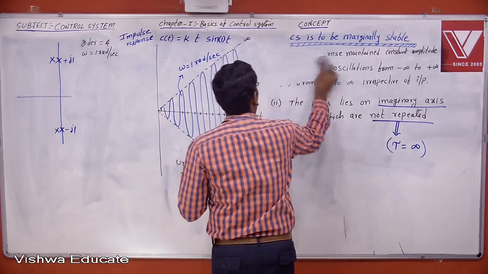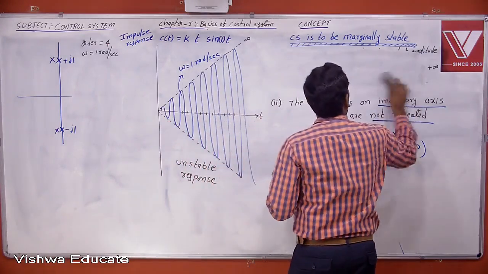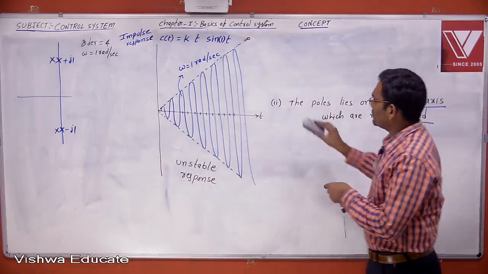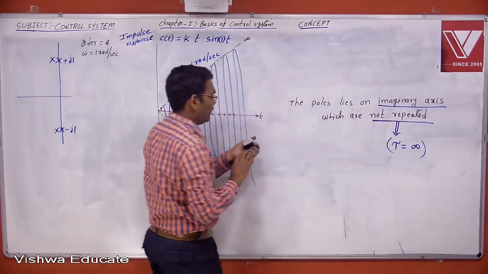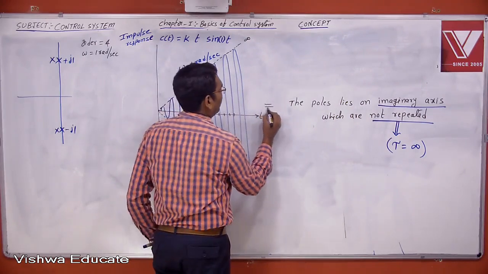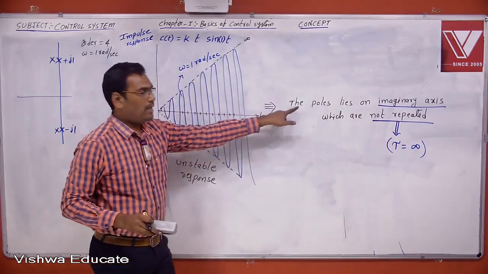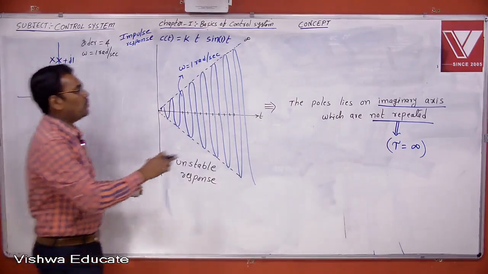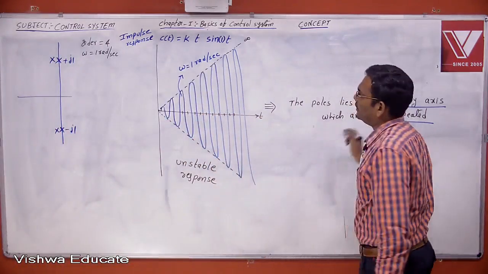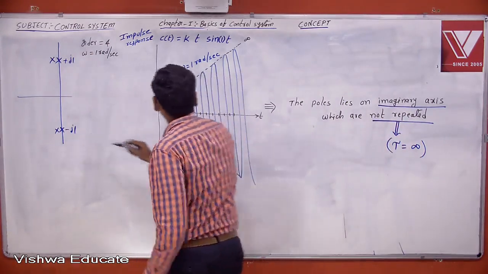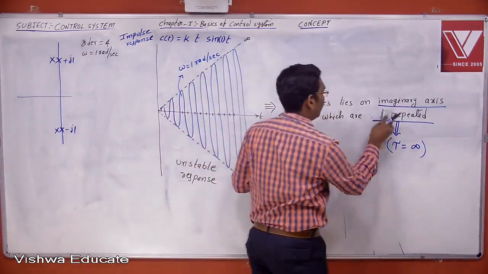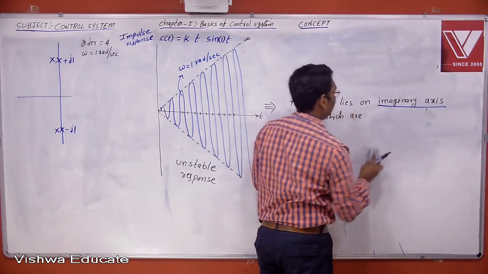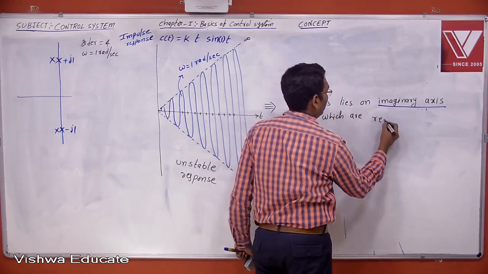Now there is a correction in this particular second point. What is the second point? The poles lie on the imaginary axis, which are repeated.